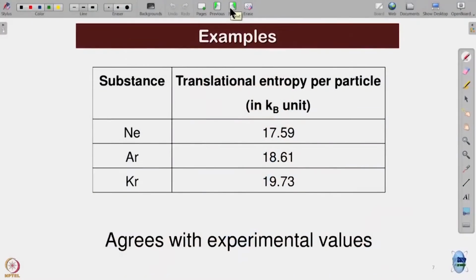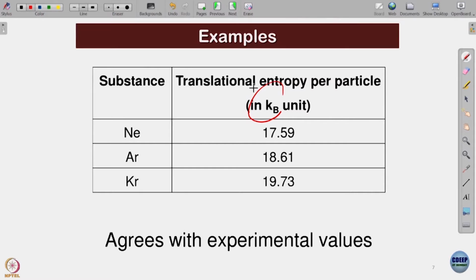So, continuing now, I gave some numbers, because you should always think in terms of numbers, and entropy is always in terms of this kB unit, that is called entropy unit, in honor of the Boltzmann constant. Now, this is under ambient conditions, that means their respective liquid state, their gas state.